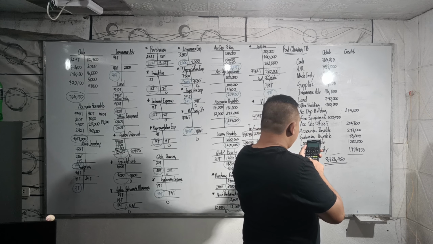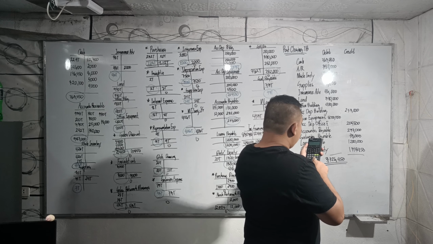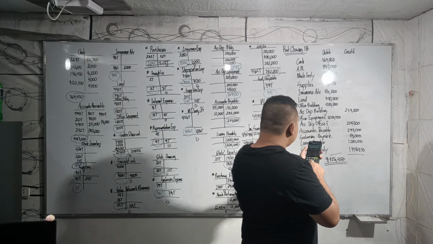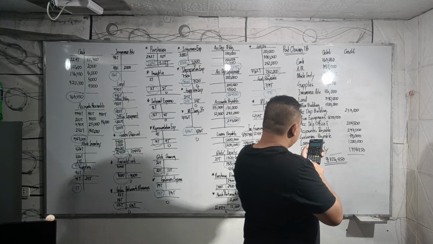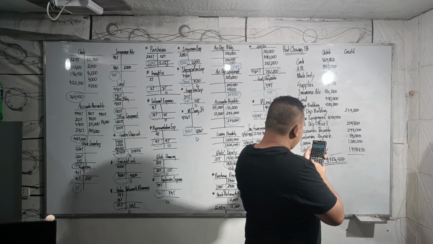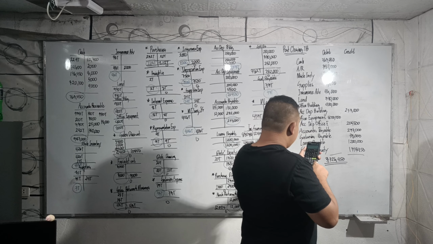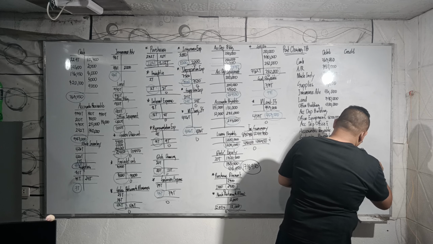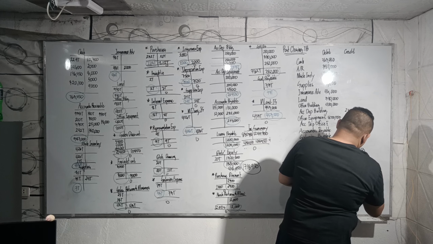And then 253,000 plus 204,500 plus 277,000 plus 73,000 plus 1.2 million plus 1,718,950. That is 3,726,450. Okay?